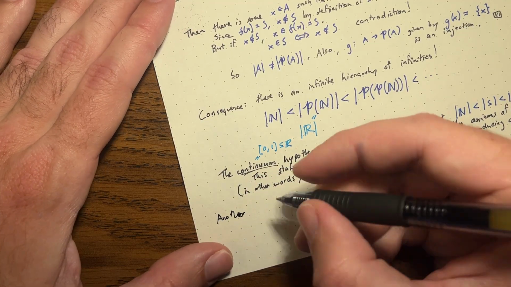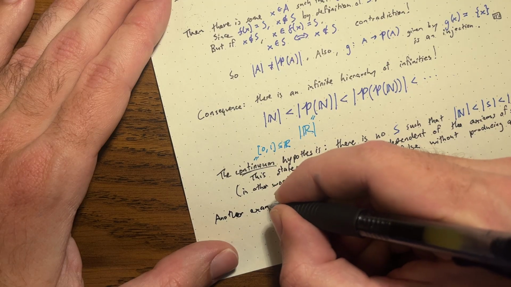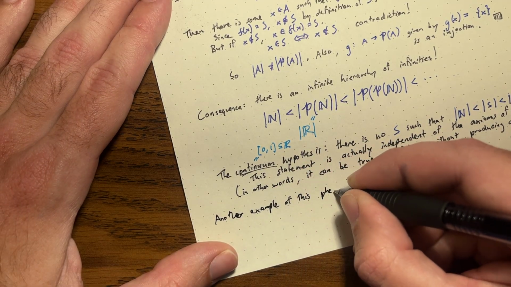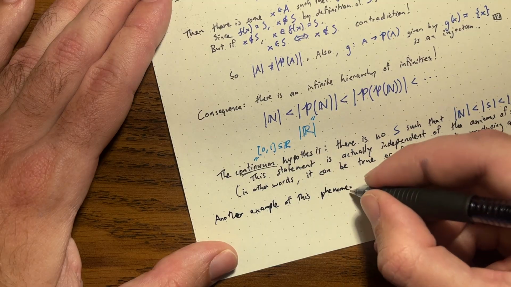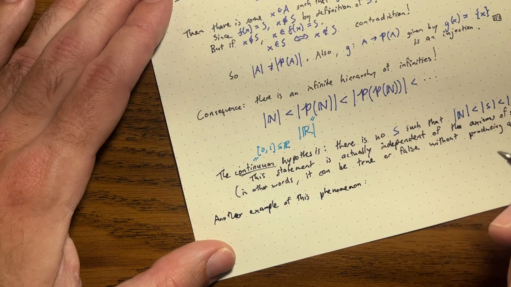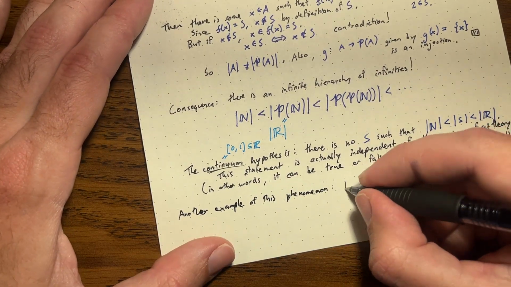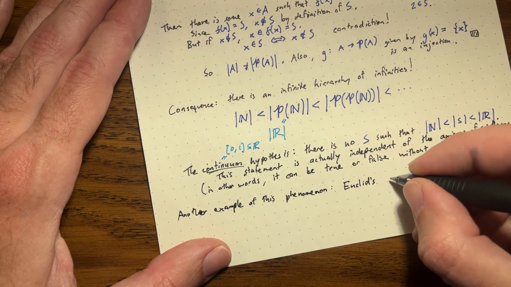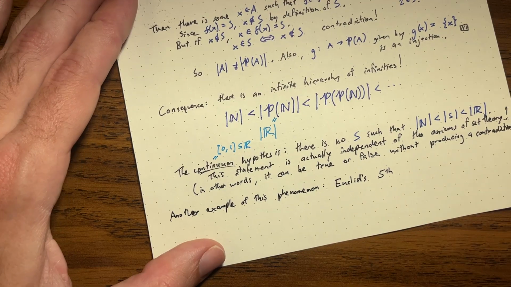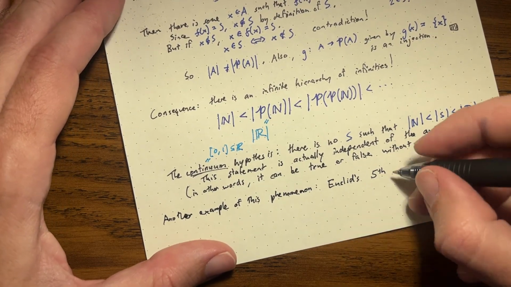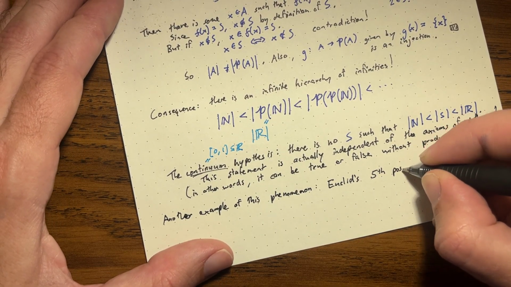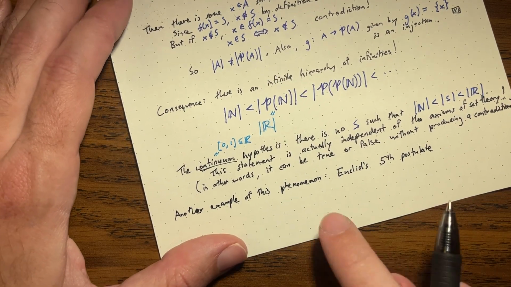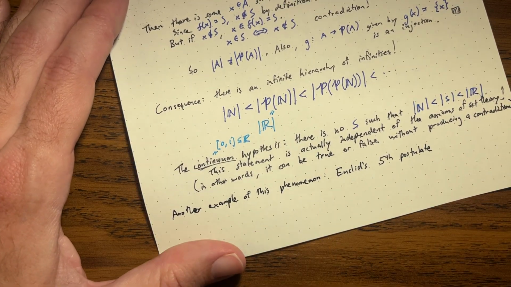And so another example of this phenomenon, just to make it maybe a little bit less mysterious. I don't know, maybe this actually makes it more mysterious. But it's Euclid's famous fifth postulate. Euclid wrote the most famous math book of all time. We started with 5 postulates and then basically developed all of geometry from those 5.